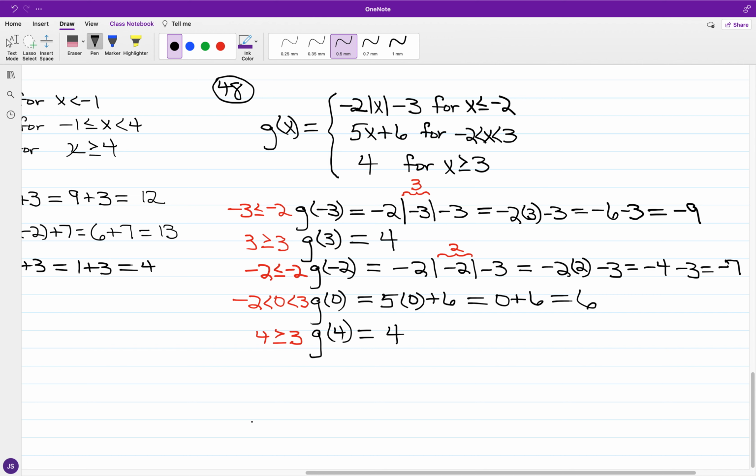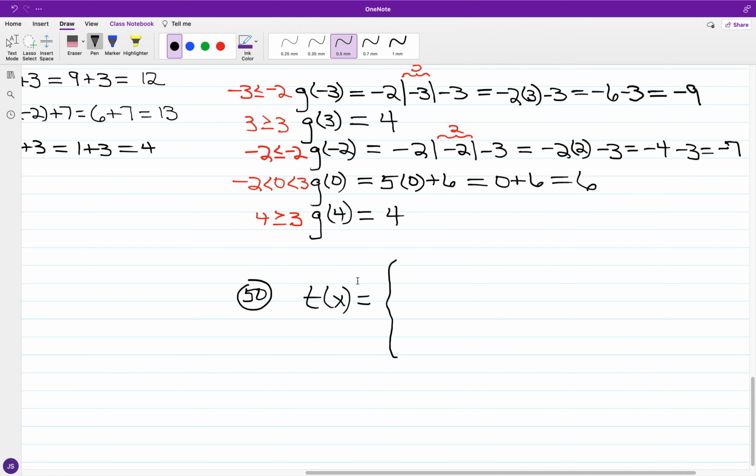Okay, and now looking at what we have and just sort of expanding the model, and we have for number 50, we have a remaining piecewise function, and this is given whereupon we have y is equal to t of x and we are looking at 4 tiers here. Okay, you have for the first case, the starting values.